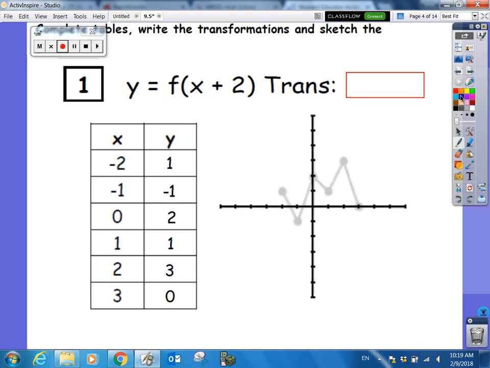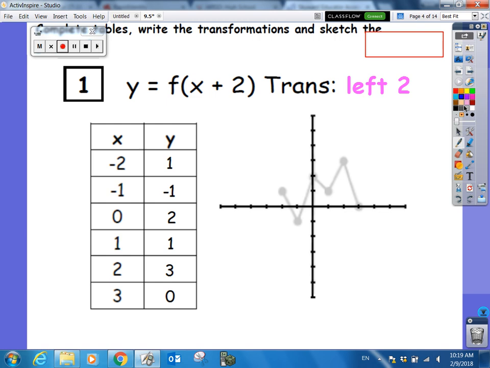And now we're going to transform this. So it says write the transformations and then sketch the new graph. Okay, so f of x plus 2, that transformation is going to be left 2. So if we're writing it down, that's what we're doing. We take the original function and move it left 2.